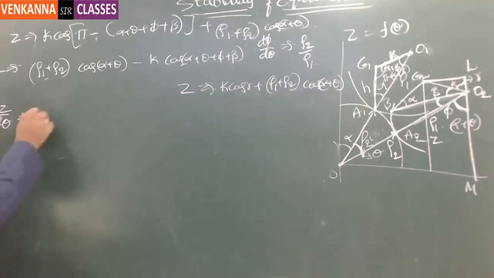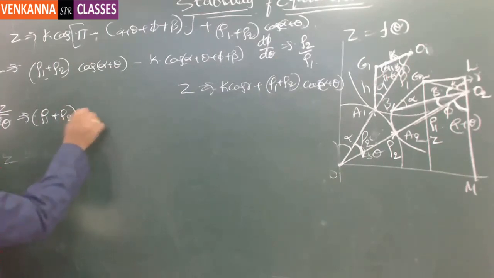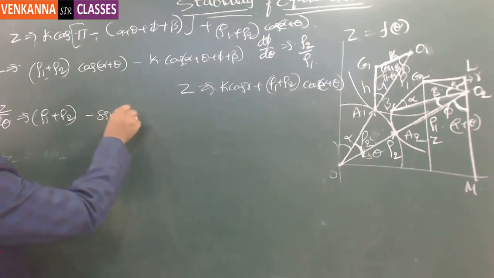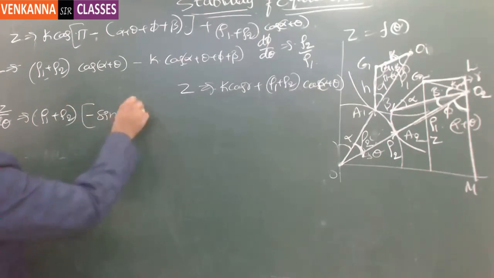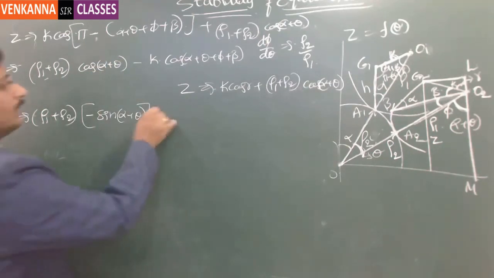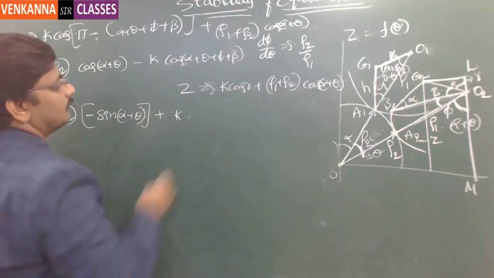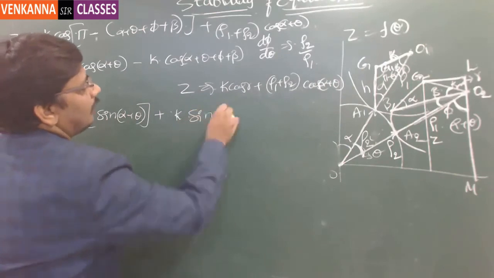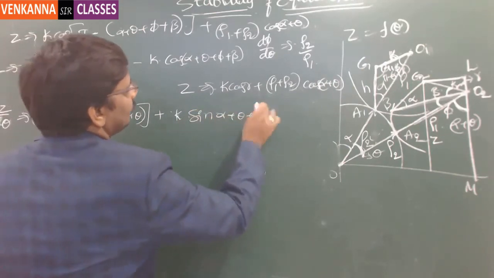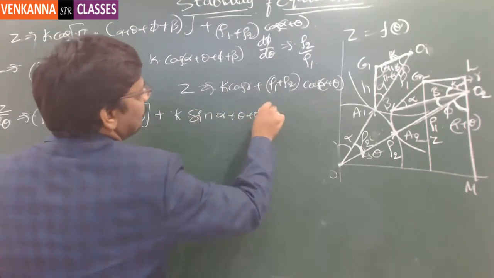dz by d theta equals (rho 1 plus rho 2) times the derivative of cos(alpha plus theta). The derivative of cos is minus sin(alpha plus theta), and the derivative of the inner part, alpha plus theta, is going to be 1. And minus k times the derivative of cos is again minus sin, so this is sin(alpha plus theta plus phi plus beta).